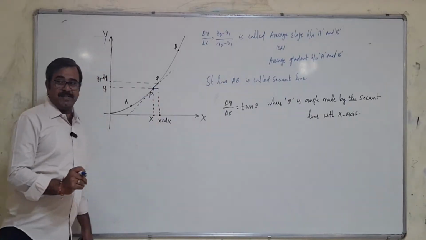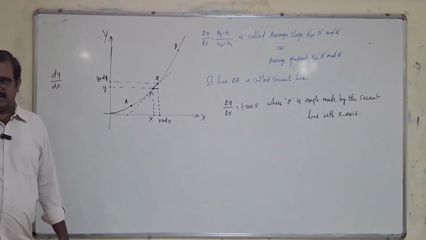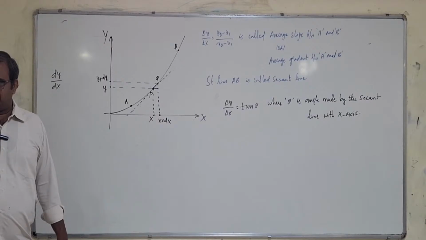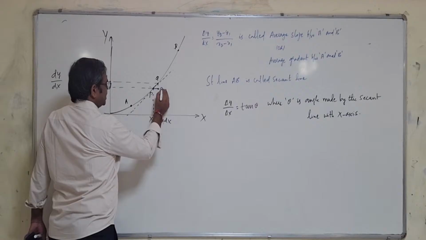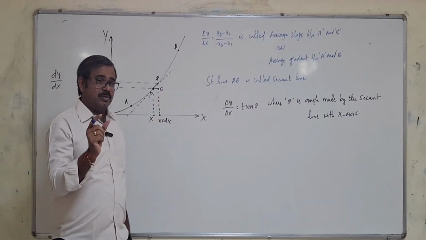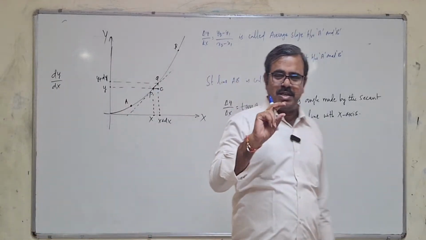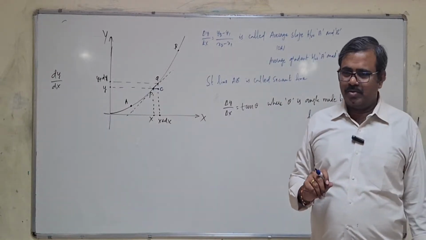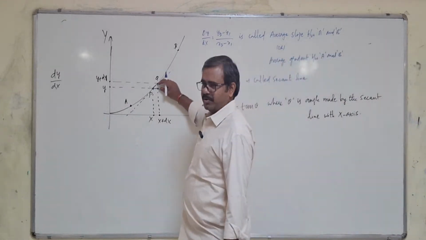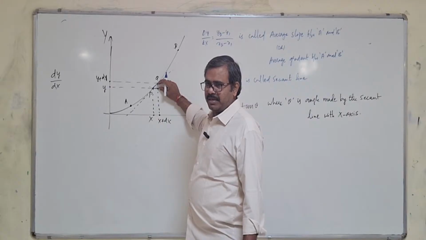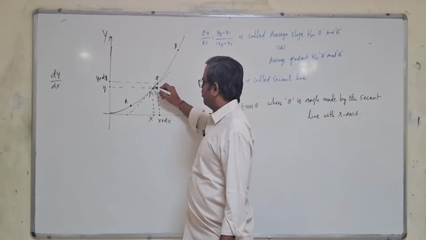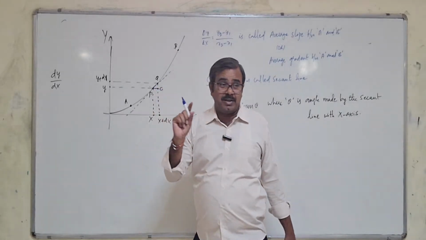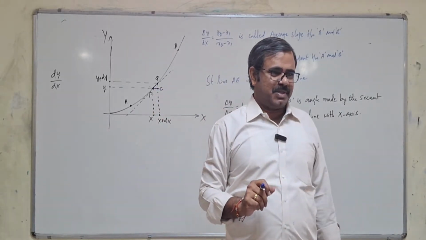This horizontal line is of how much length? Dx. So if I say this point is C, PC is equal to dx, and QC is equal to what? Dy. Right? So as the difference becomes very small, the points P and Q are very close to each other, isn't it?